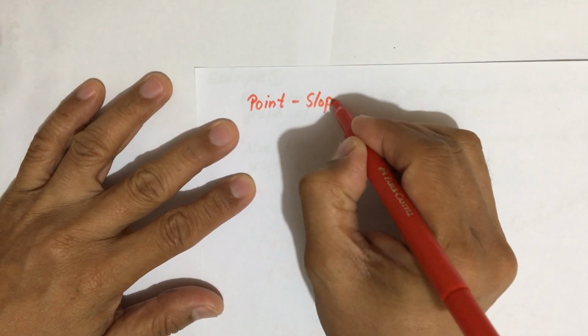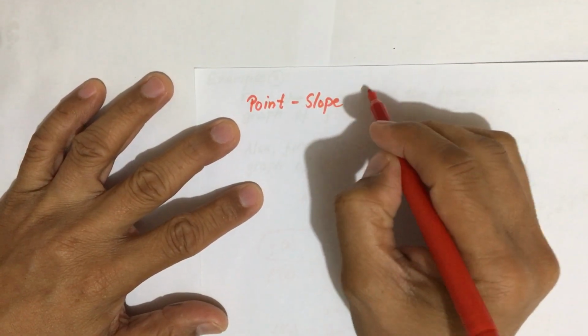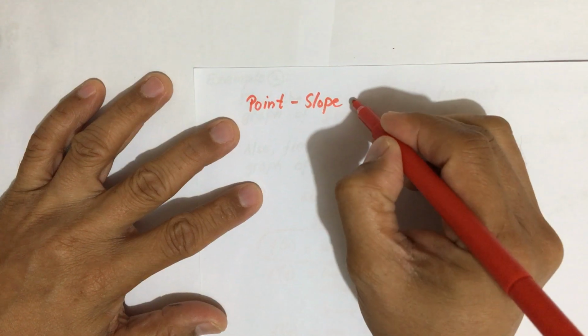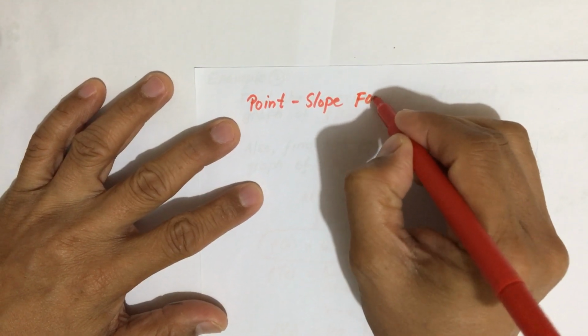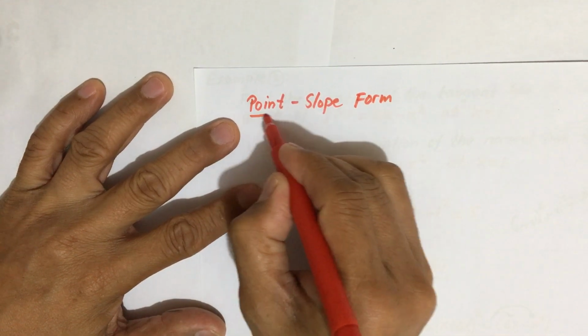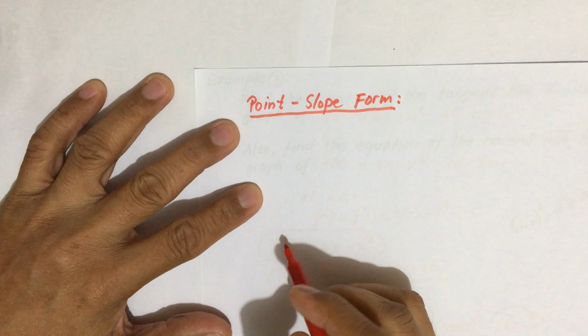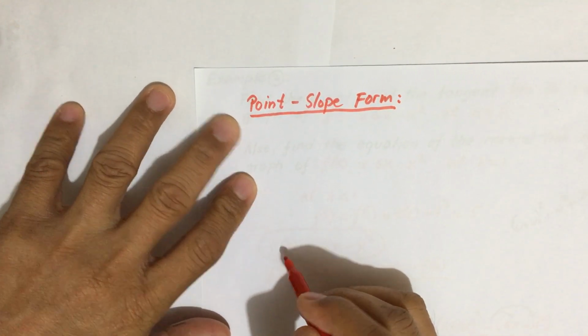We can use this to find the equation of the line, in this case the equation of the tangent line, if a point is known and also the slope is known.